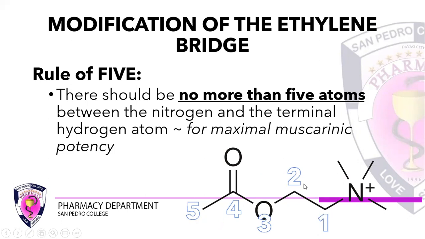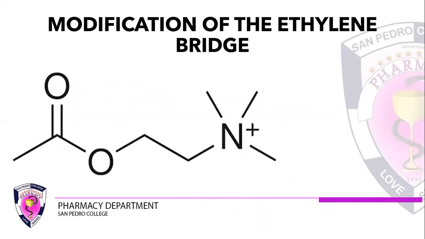As you can see, the distance from the quaternary ammonium group to the end hydrogen is just right. So you should not add or increase the chain length. The only possible modification on the ethylene bridge is by adding branches to the two carbons.